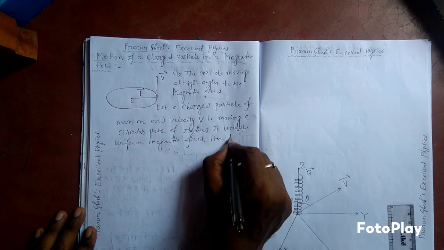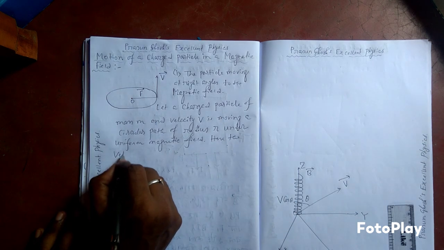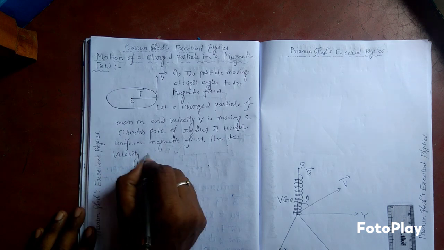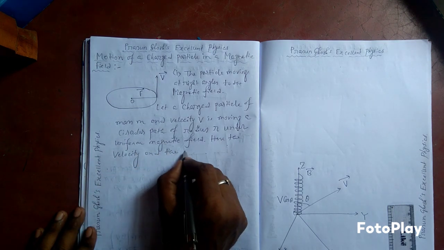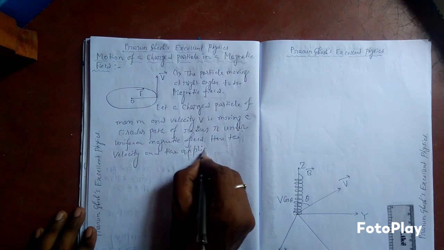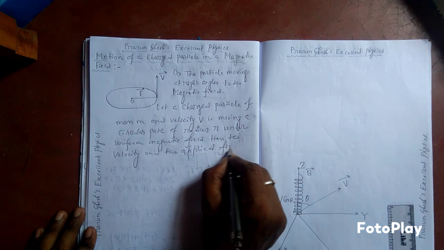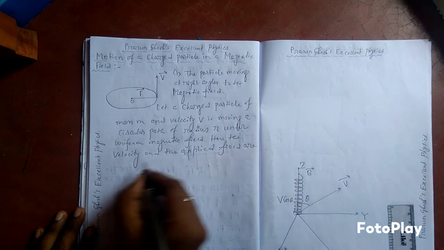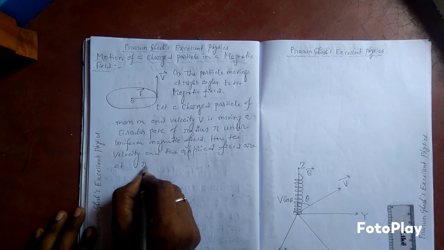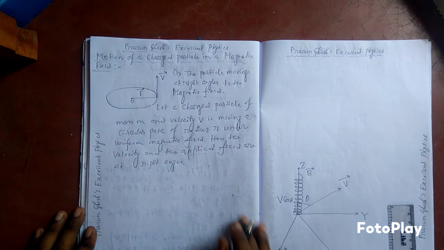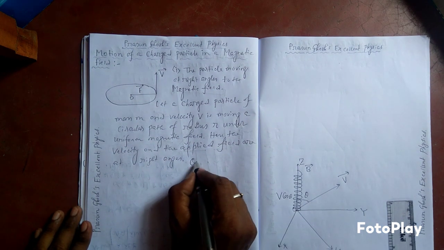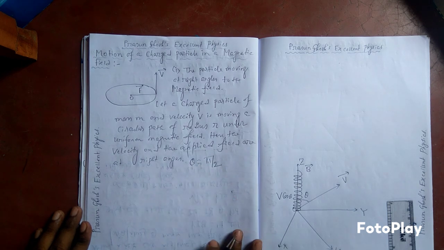Here the velocity and the applied field are at right angles, hence theta equal to pi by 2.